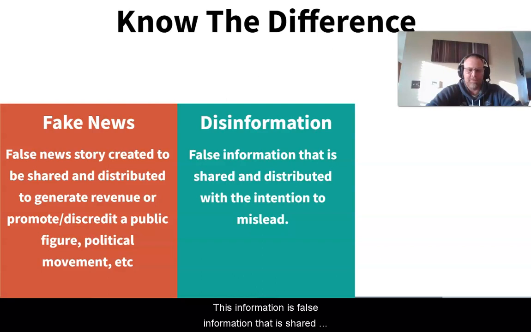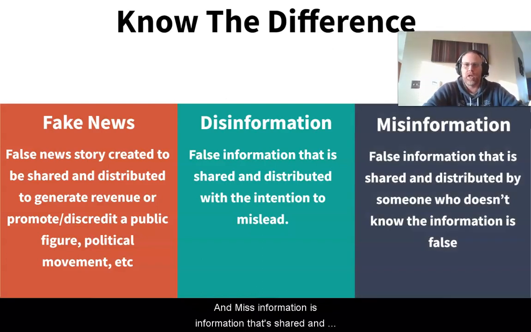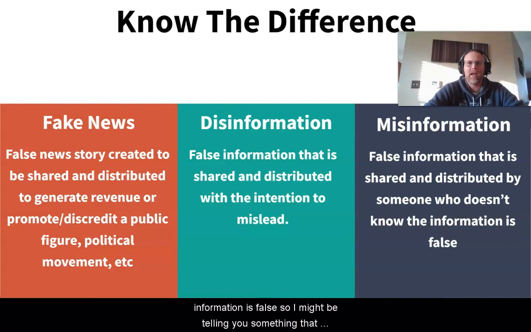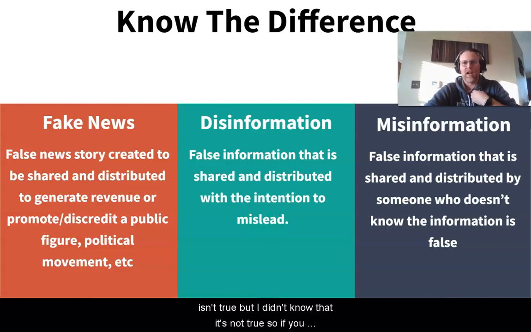Disinformation is false information that is shared with the intention of being misleading. So they are trying to mislead you on purpose. That's disinformation. Okay? And misinformation is information that's shared and distributed by somebody who doesn't actually know that the information is false.